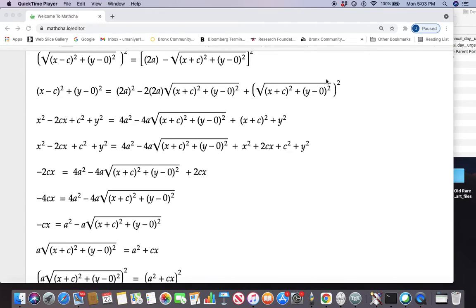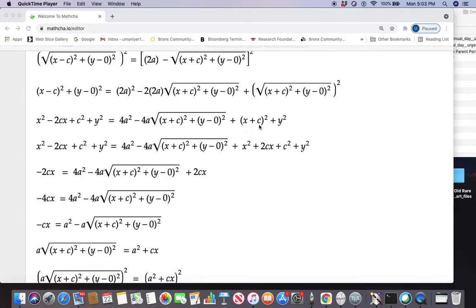The square of the radical makes the radical go away. 2a squared is 4a squared, 2 times 2a is 4a. Now open the left side using the complete square formula. You have y squared, then 4a squared minus 4a times the radical plus this quantity.